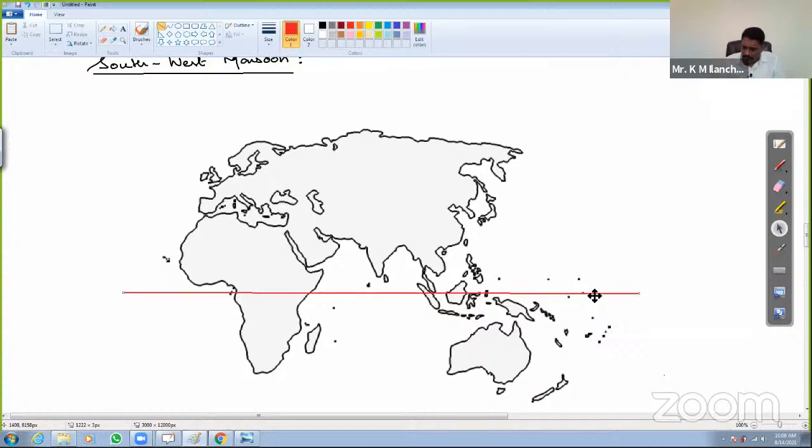Try to understand, monsoon as a mechanism is very easy. Assume that this is the equator. Now, my dear friends, I told you ITCZ generally shifts 5 to 10 degrees north of the equator. We know that. So I'm just taking this 5 to 10 degrees north.